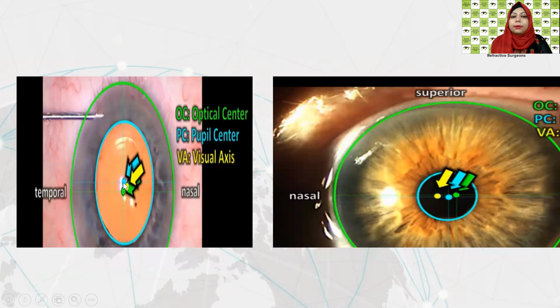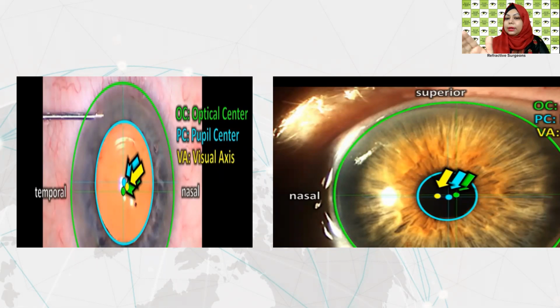If the angle is small, that is the distance between the blue and yellow is small, the patient usually doesn't suffer from halos and glare and is a good candidate. But as we see in the second eye that the yellow and the blue dot are far apart, so this patient has a more chance of suffering from halos and glare. Why? Because when the light travels, it might hit the diffractive rings. This is where the halos and glare come from.